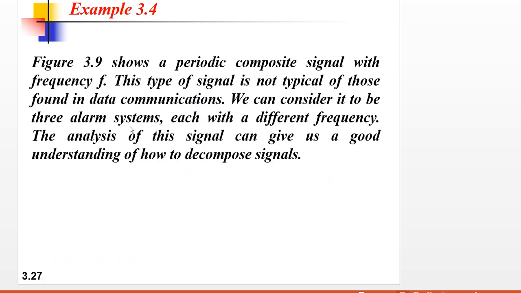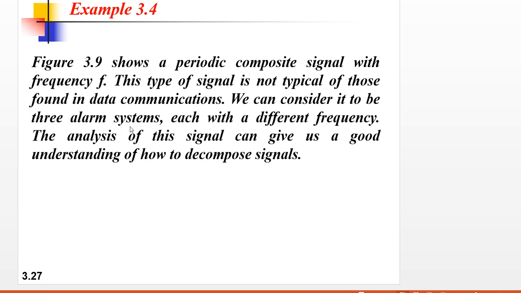The figure you have already seen shows a periodic composite signal with a frequency f. This type of signal is not typical of those found in data communication. We can consider it to be 3 alarm systems, each with a different frequency, because we cannot directly find this kind of signal in data communication, so they are taking the example of alarm systems.